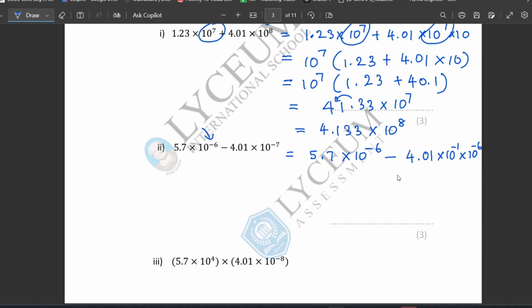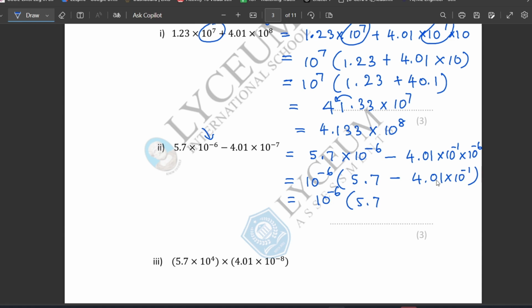Okay. Then I can take out the 10 to the power minus 6 times 5.7 minus 4.01 times 10 to the power minus 1. Okay. And I can simply write it as 5.7.